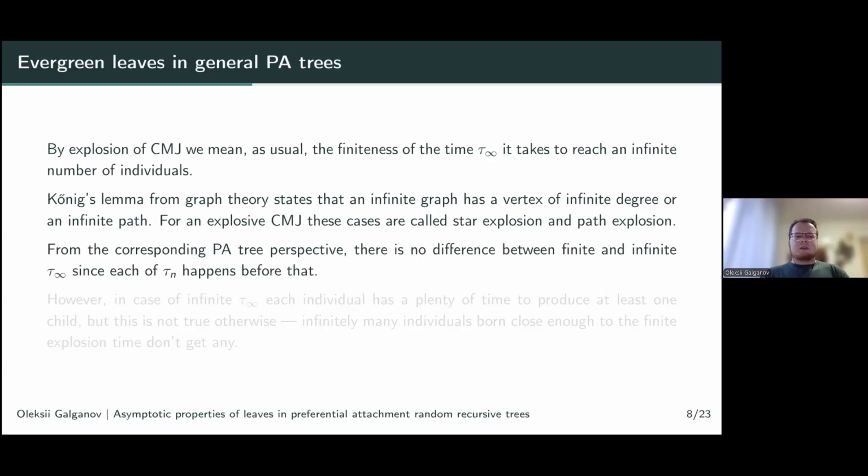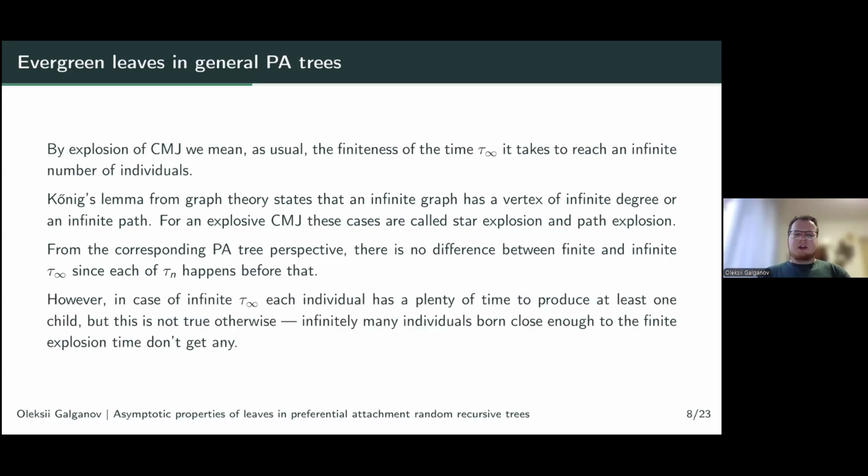What's interesting is that from the corresponding preferential attachment tree perspective, there is no difference between finite and infinite tau infinity, since both times happen before tau infinity. But the crucial difference is that in the case of infinite tau infinity, the infinite explosion time, each individual has plenty of time to produce at least one child, but otherwise it's not true.